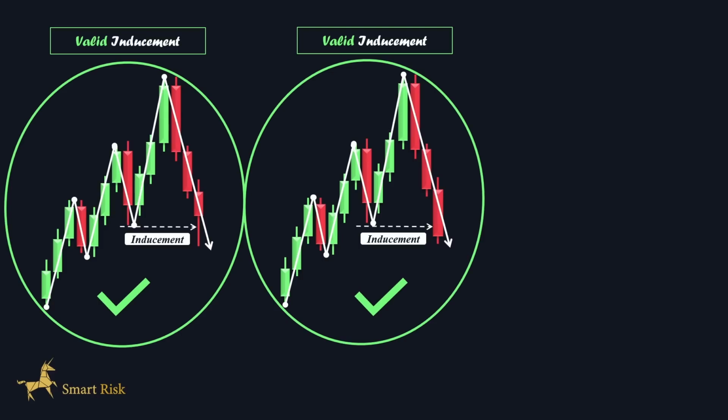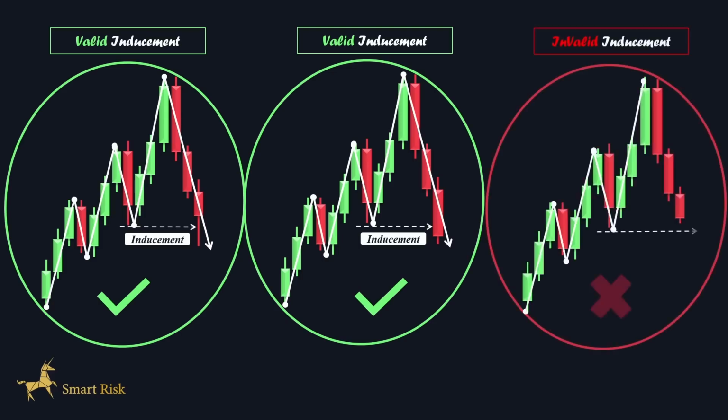In contrast, as depicted in the third diagram, the price did not succeed in surpassing the lowest point of the latest internal pullback, either with a body closing below or effectively sweeping the liquidity below it with a wick. Consequently, we cannot regard it as a valid inducement. Rather, it signifies a single impulsive movement.